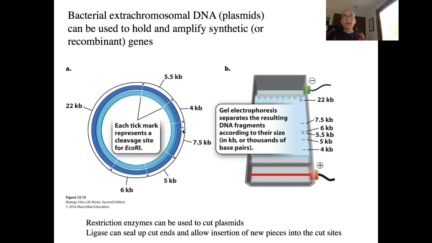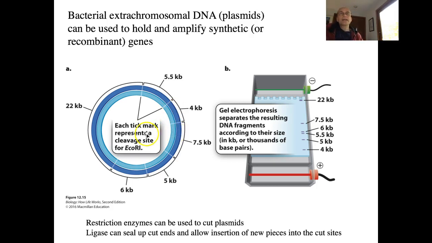So a plasmid can be used to hold and amplify synthetic recombinant or any kind of natural gene that you cut, place somewhere in between two cut sites of a plasmid, a circle that you open up, stick in the piece that you want the bacterium to hold, close it up again with ligase, stick it back into the bacterium, and then let the bacterium keep amplifying it. It's much easier than doing it by polymerase chain reaction, for example.